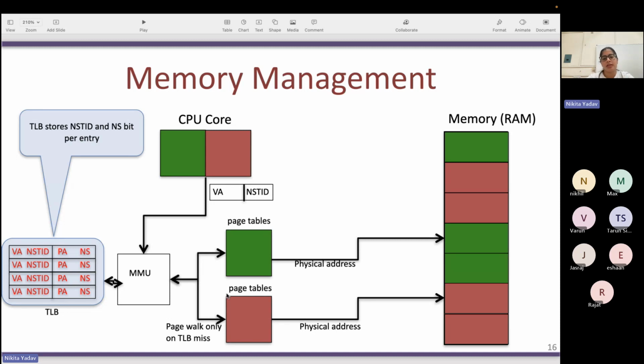Because for the virtual to physical address translation you have to walk the page table, and that is a costly operation. It can lead to 4 to 5 memory accesses, and a single memory access to the RAM is in itself a costly operation.